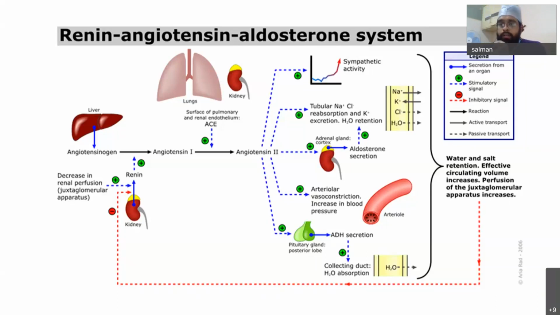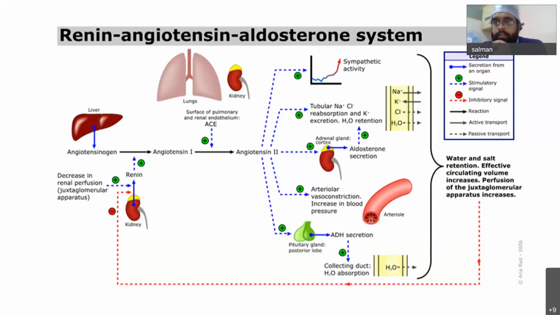It also acts on the adrenal gland to produce aldosterone from the zona glomerulosa, which causes increase in sodium absorption, and due to the sodium potassium pump, it causes decrease in the potassium in the cells and causes hypokalemia.